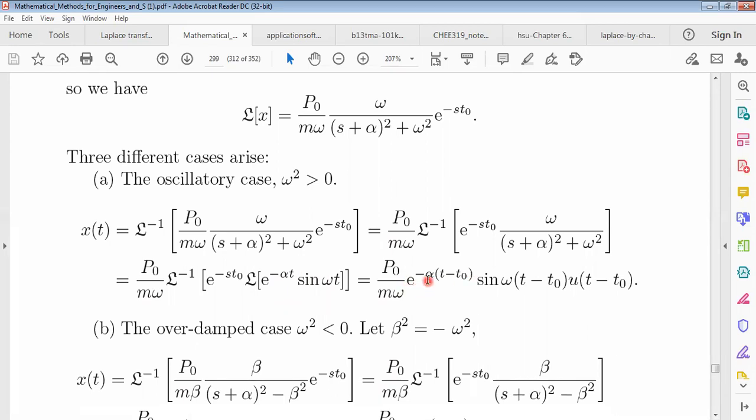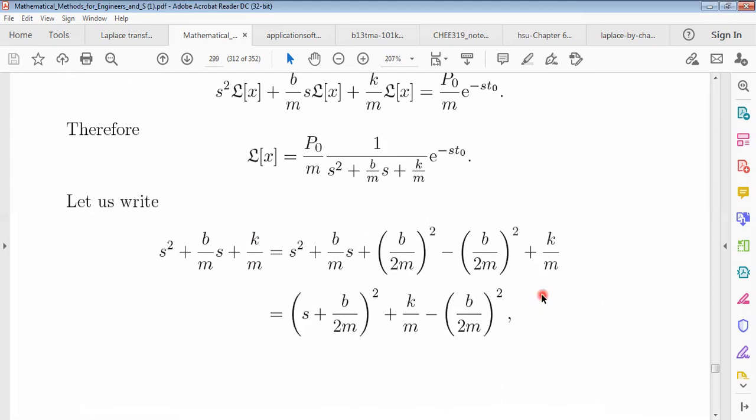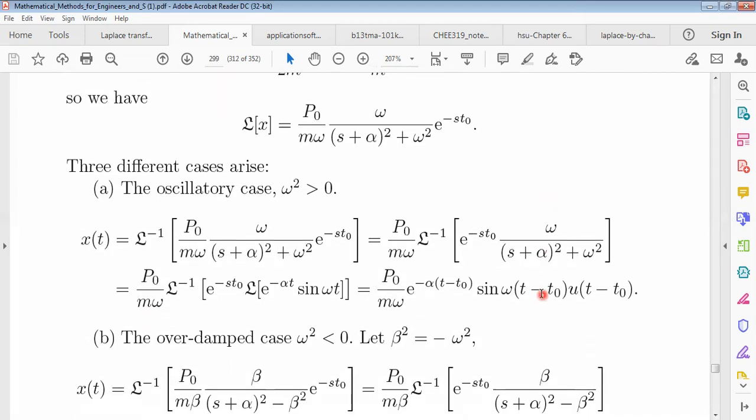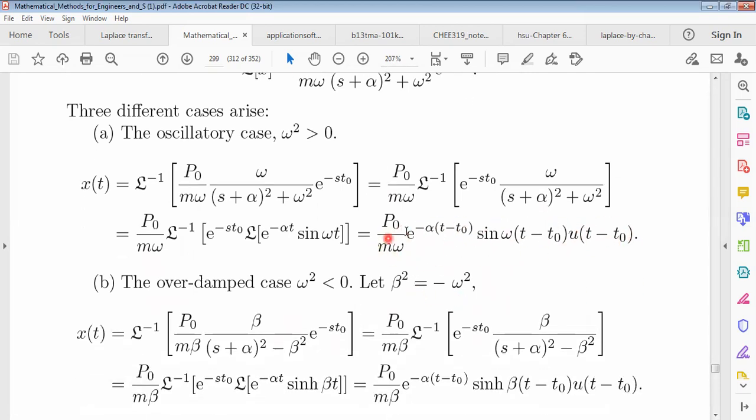This can be written as e to the power minus alpha into t minus t naught, sine omega into t minus t naught, u of t minus t naught, just using the shifting property, a concept we used in a previous example. Now this is the required solution of the damped equation when omega square is greater than 0.